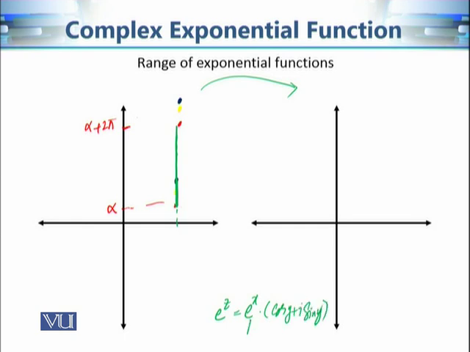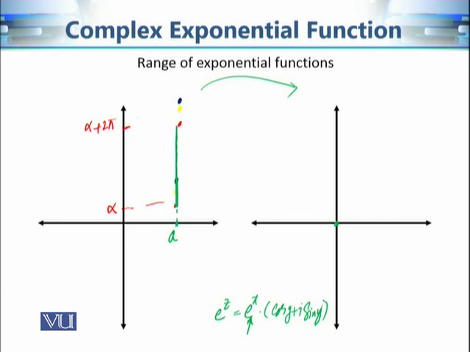Let's say this real part is over here, call it a. This real part decides the distance of the output from the origin, in other words the modulus of the output. And for all of these values on this green line segment, the real part is the same.